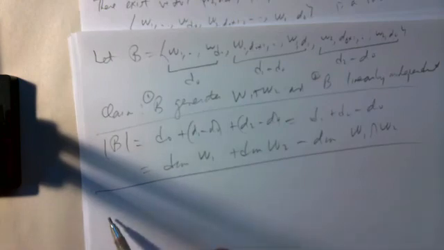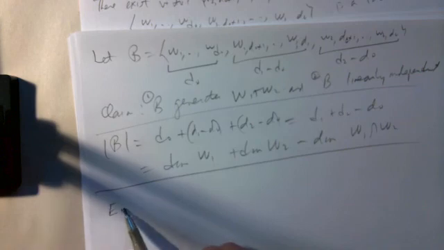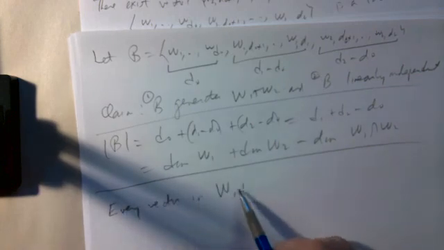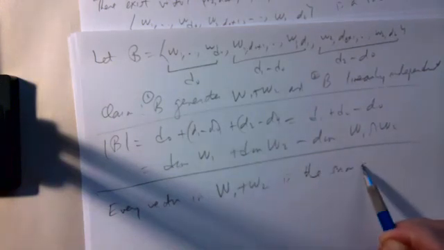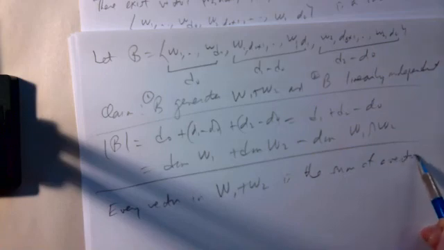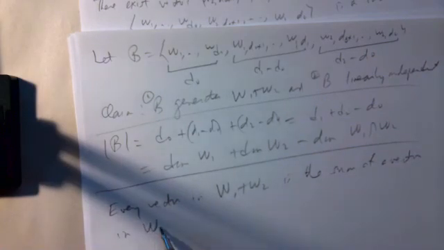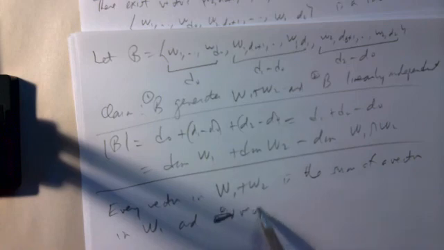But now every vector in W1 plus W2 is the sum of a vector in W1 and a vector in W2.